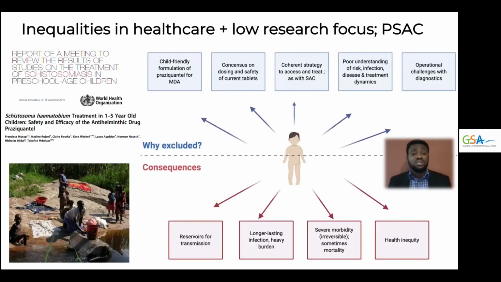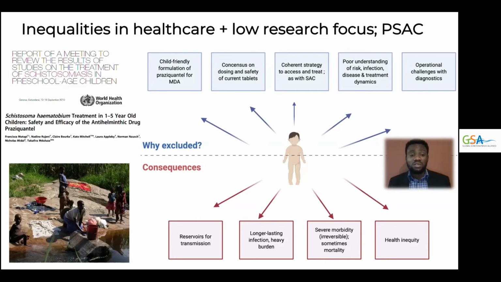Some of the reasons attributed to the exclusion include the lack of a child-friendly formulation for praziquantel, a lack of consensus on dosing and safety of the current tablets, a lack of a coherent strategy to access and treat as with school-age children, a lack of understanding of risks, infection, disease, and treatment dynamics, and finally, operational challenges with diagnostics.